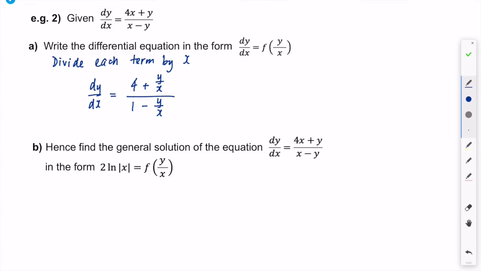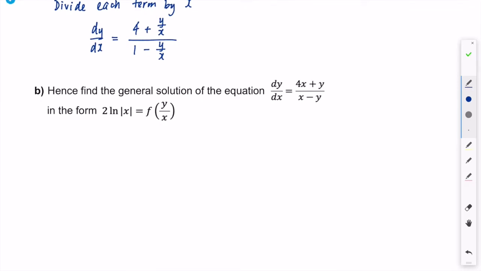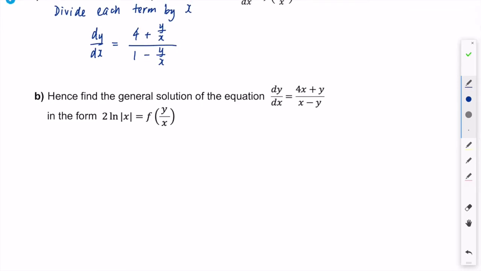Part B. Hence, find the general solution to this equation in the form 2 ln x equals f of y over x. Okay, so we know that we will be making use of this. Let v equal y over x. So that's dy by dx is x dv by dx plus v, right?